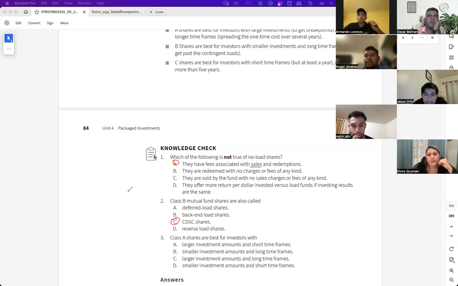Remember, the way this one works is that there's no sales charge in the beginning, right? So if there's no sales charge in the beginning, more than likely it's going to be deferred. I think back end was Class C, if I remember correctly.